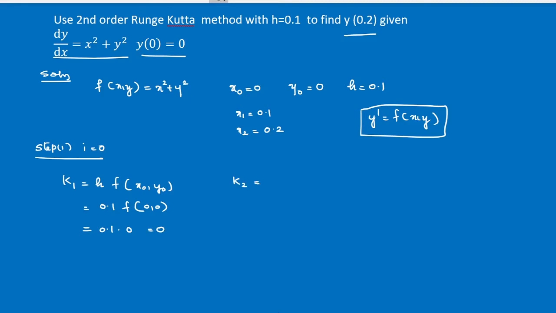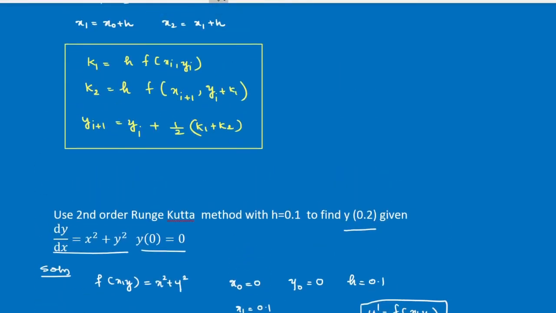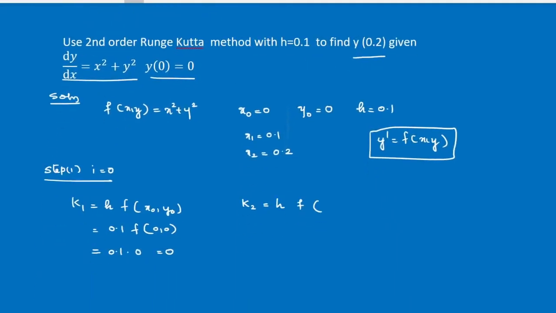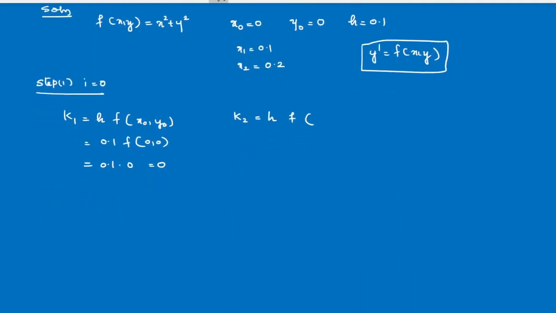What is K2? K2 is h into f of xi plus 1, f of xi plus 1. Here i is 0, so it is f of x1 comma y0 plus k1. Just substitute here. h is 0.1. f of x1, where x1 is 0.1, comma y0 is 0 plus k1.